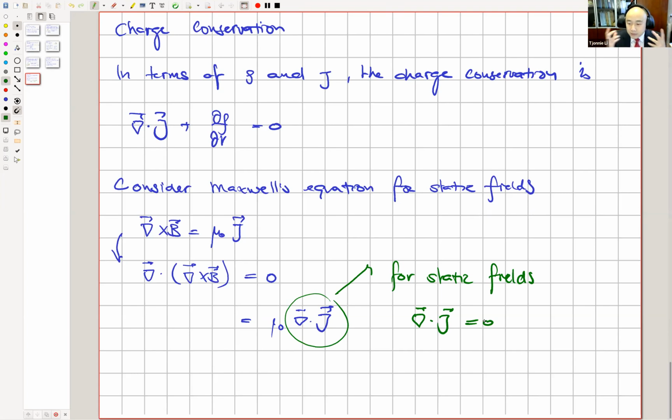So this equation is fine for static fields, but we know that the divergence of J need not always be 0. In particular, the divergence of J must satisfy this thing over here.